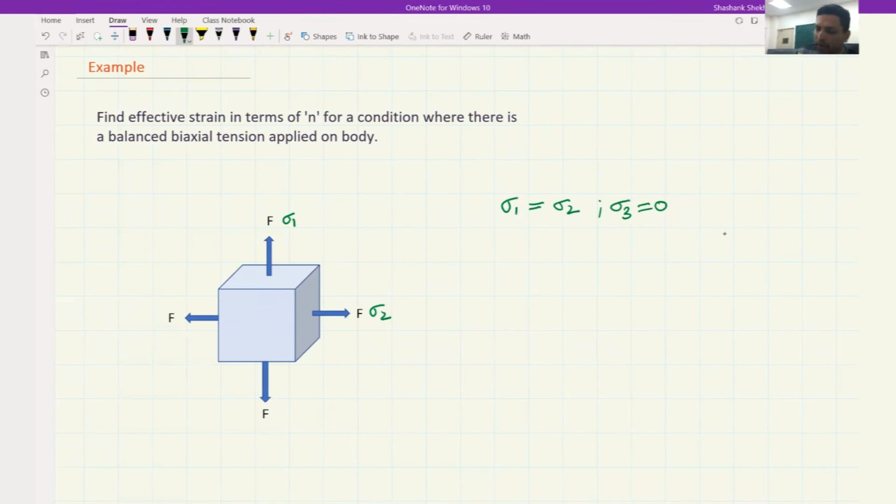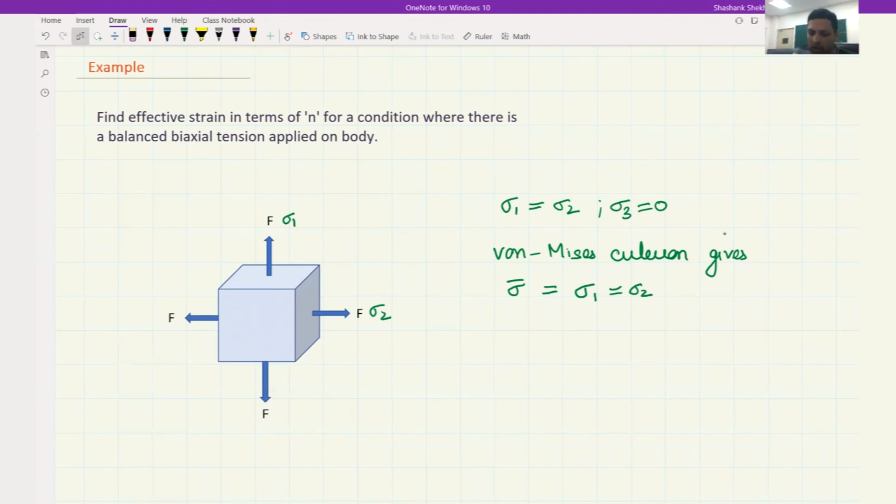because it is biaxial. Okay, so using the von Mises criterion gives sigma bar equal to sigma 1 or sigma 2, whatever, because both of them are equal.